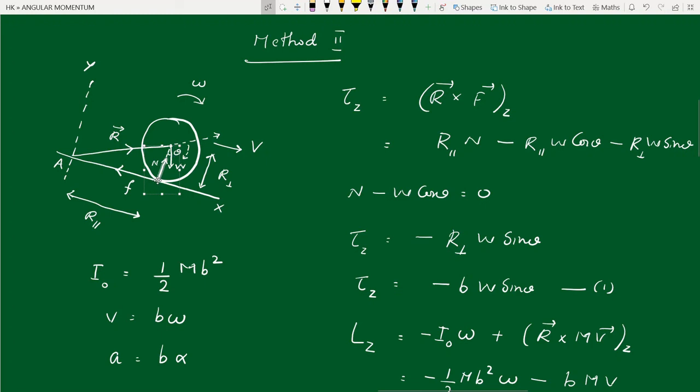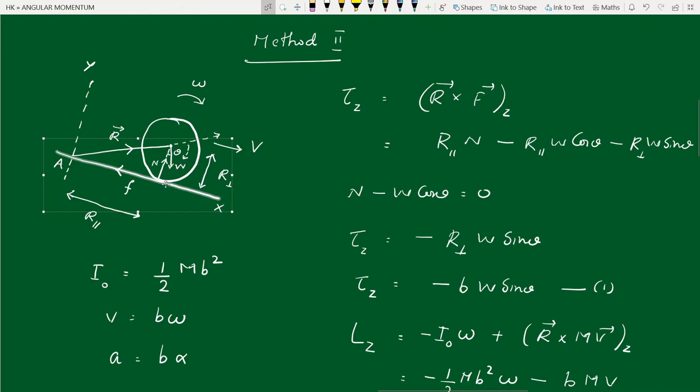What I mean is, R cross W: the radial vector will be from here to here, and the rotation is again in the clockwise sense, so it will be directed inward.